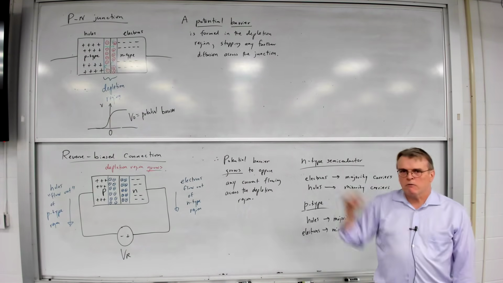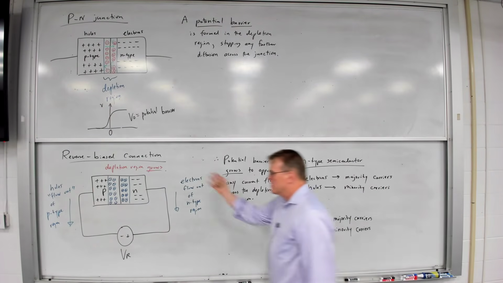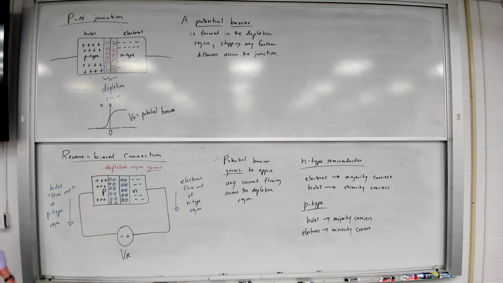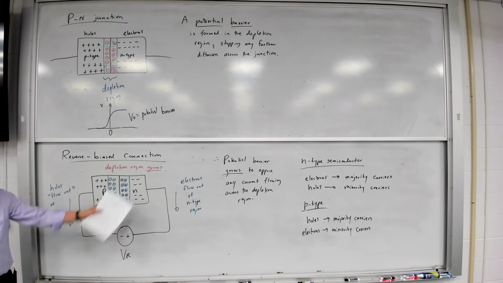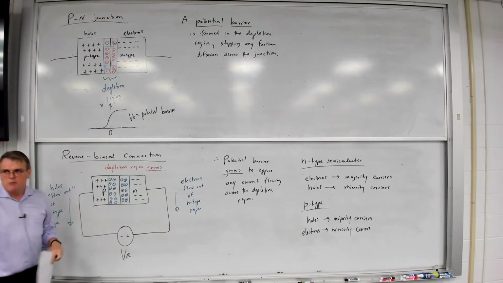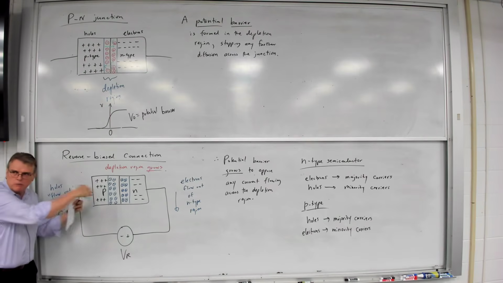And so we find in reverse bias, essentially no current can flow through that diode when it's reverse biased. When the positive end of the voltage source is connected to the n-type region and the negative end is connected to the p-type region, that makes the potential barrier get bigger, which makes it even harder for carriers to diffuse across that region.